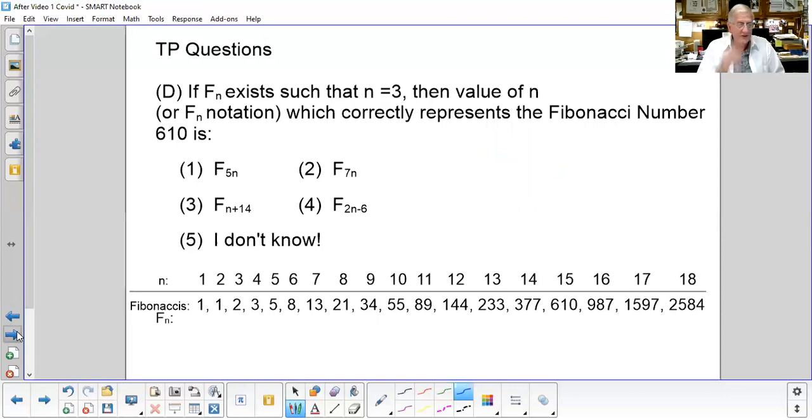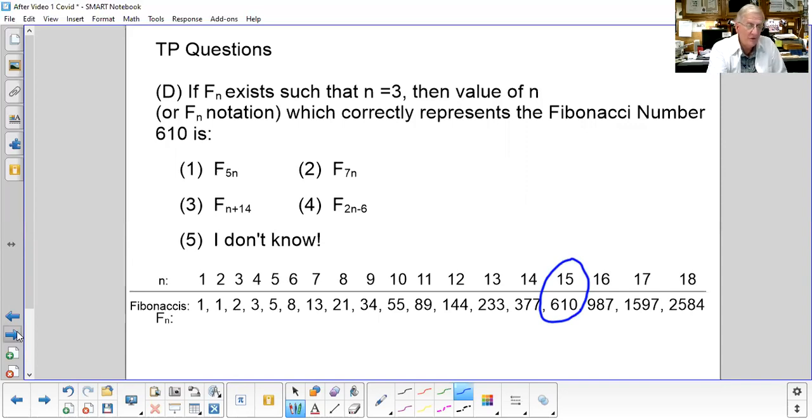If f sub n exists such that n is equal to 3, then the f sub n notation which correctly represents the Fibonacci number 610 would be what? Well, 610 is the 15th Fibonacci number, right? And which of these subscripts would be correct to give us the value 15 for the subscript if n is 3?